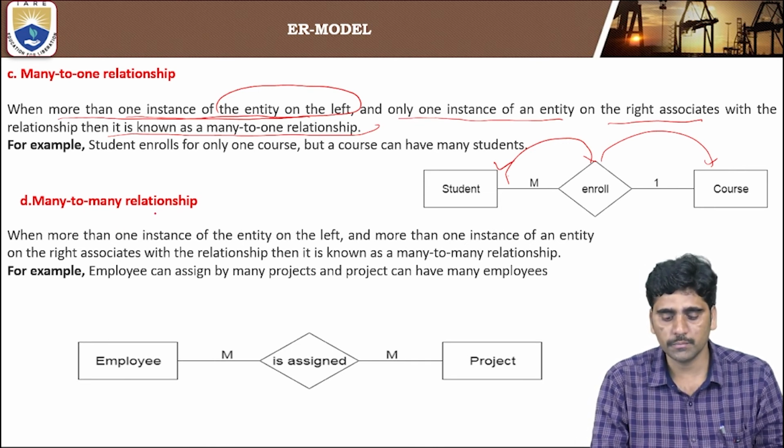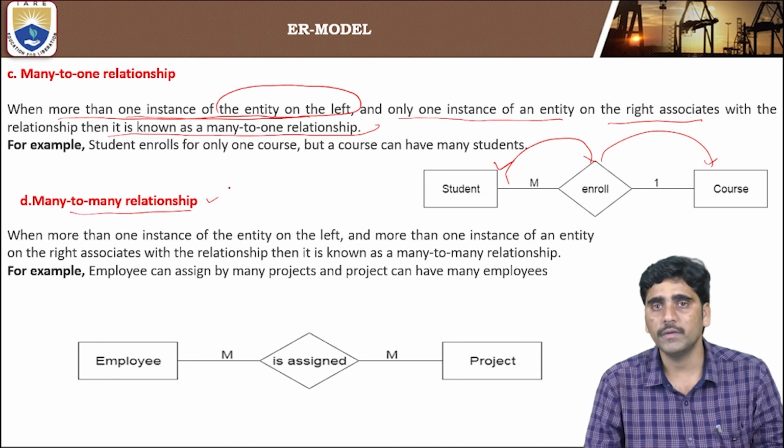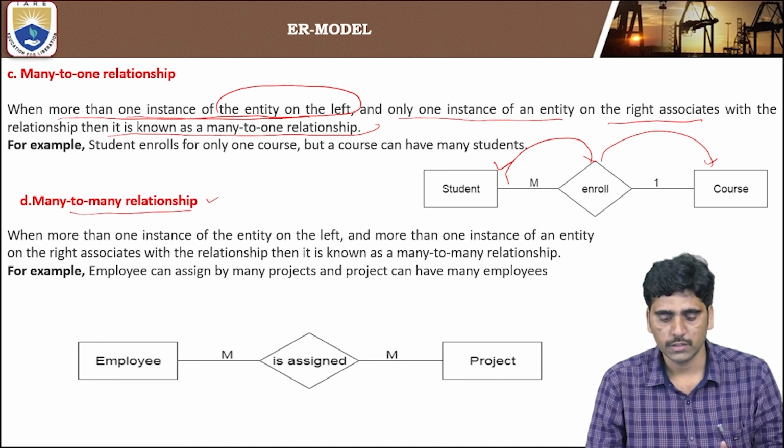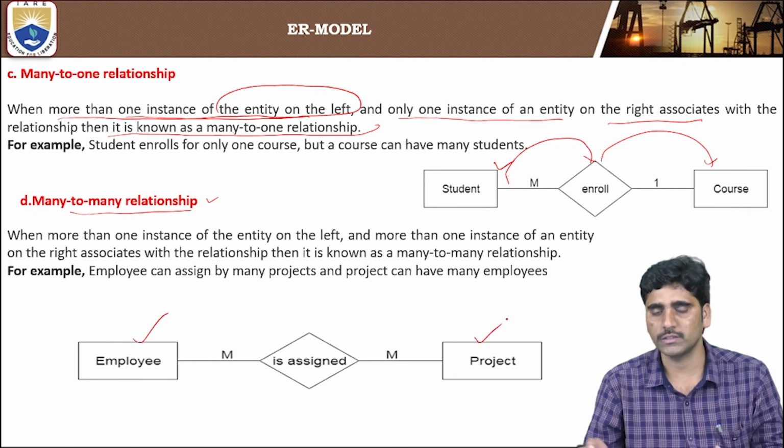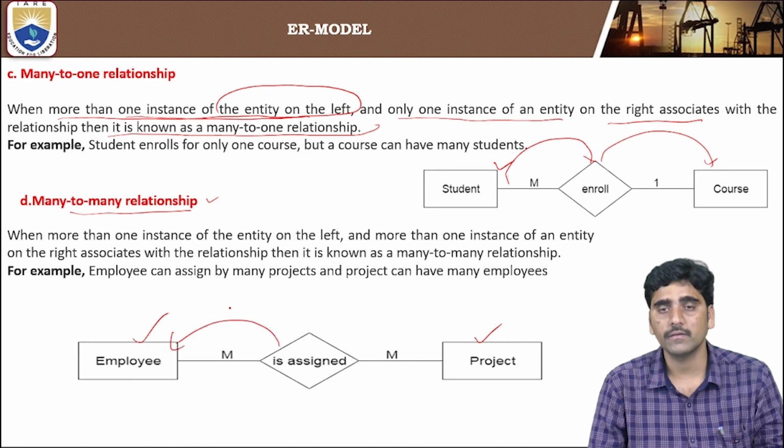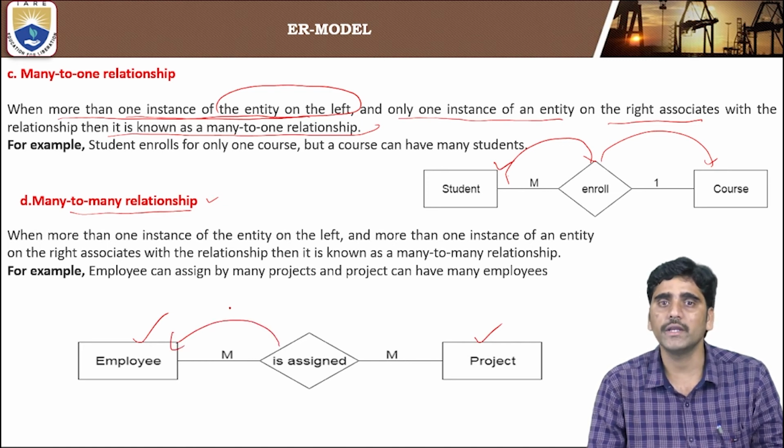And the last one is what? Many to many relationship. In this, many employees can work on many projects, or many projects are assigned to many employees. So many projects are assigned to many employees, as well as many employees working for many projects.